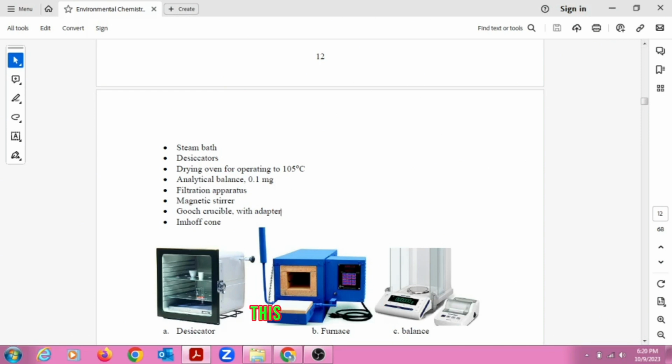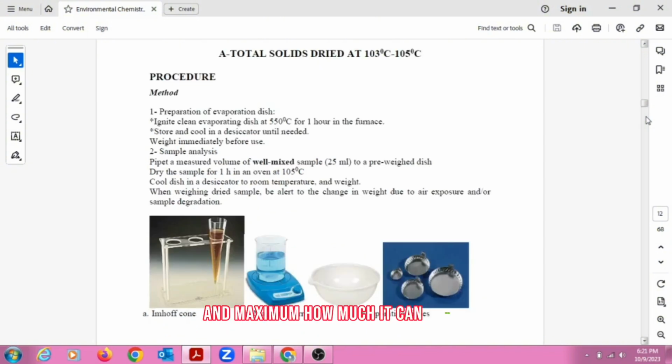This is a desiccator. Usually in a desiccator at the bottom we put silica gel, which is used to absorb moisture. This is a furnace. Usually in our labs we have furnaces which can go up to 3000 degrees C, and this is a balance. Balances are of various brands and have various accuracies, with a minimum and maximum weight they can measure.